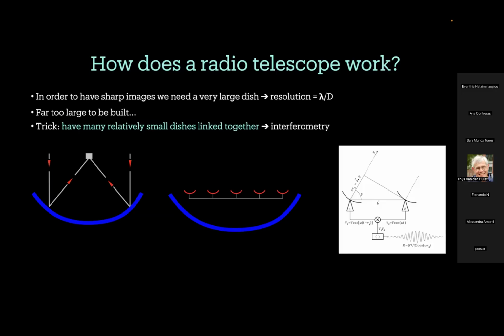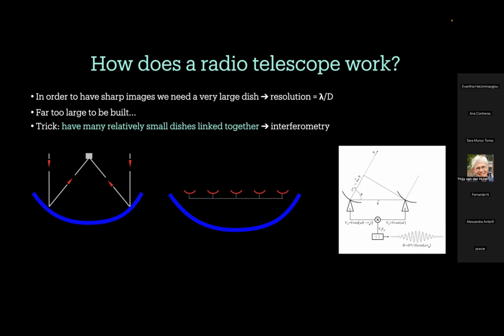You can cover the same area with small dishes. Each dish picks up radiation, and then you connect them with a cable, and you add through the cable. So in essence, you do the same thing. The only thing the mirror does is to combine the radiation at the focus, and with radio telescopes, you can just do it through a cable.